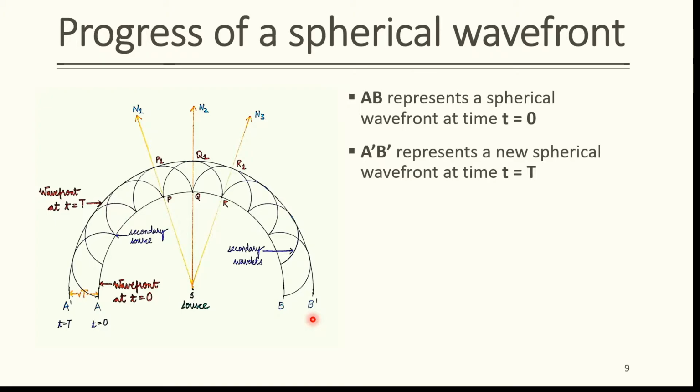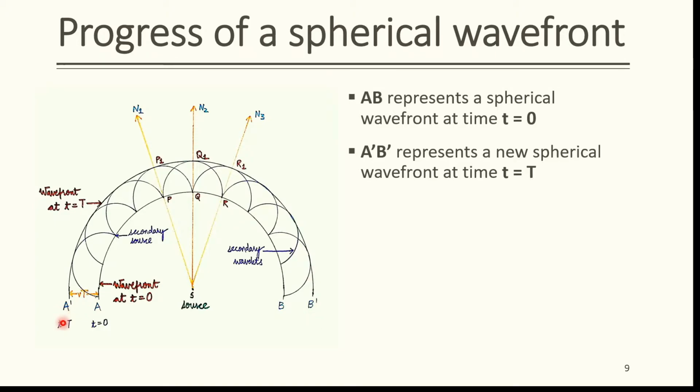Such a surface passes through all points such as P1, Q1, R1 on the hemispheres and touches all the hemispheres. The new wavefront A'B' is a spherical wavefront at time t equal to t.